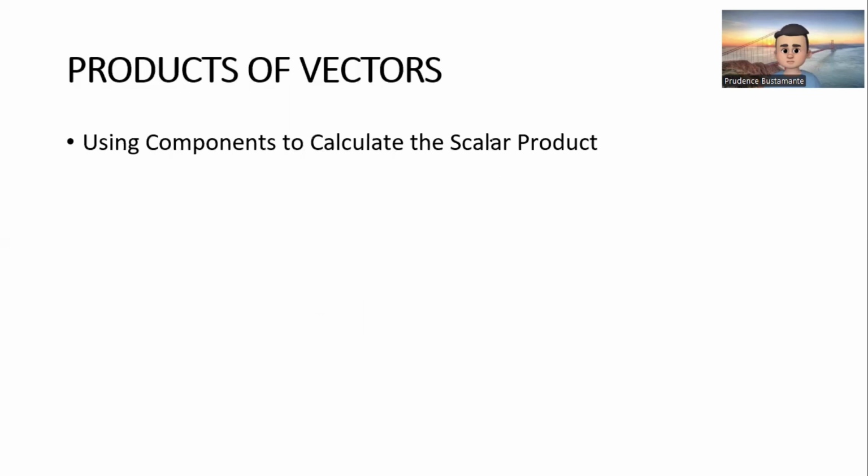Now, what if your vectors are in component form? Say, for example, vector A is ax i hat plus ay j hat plus az k hat, and vector B is bx i hat plus by j hat plus bz k hat.